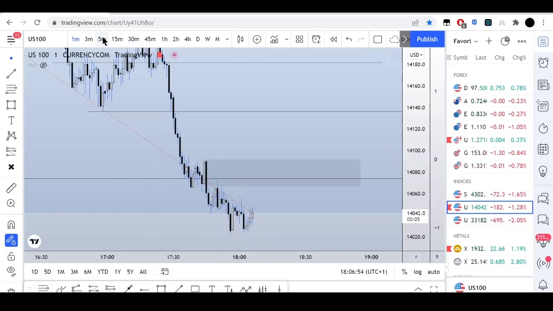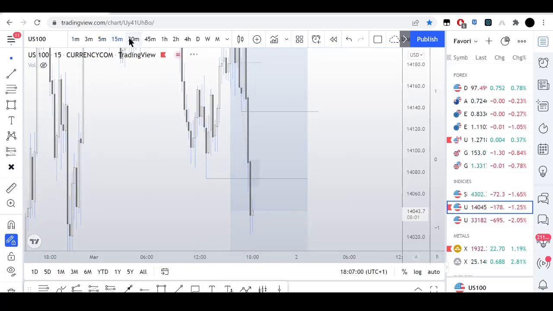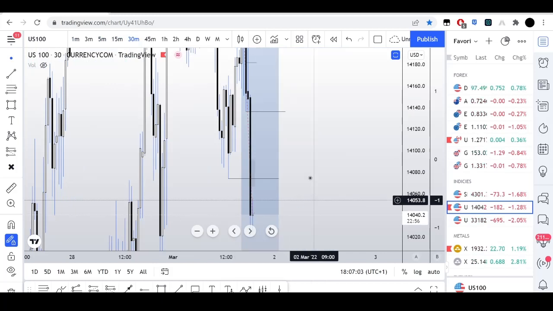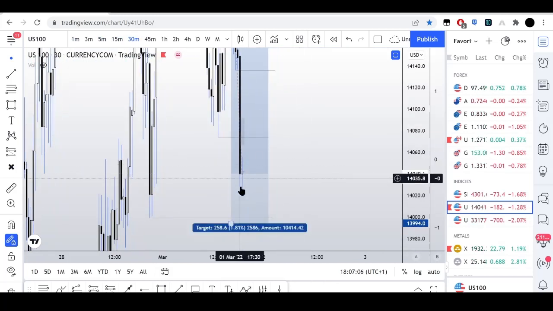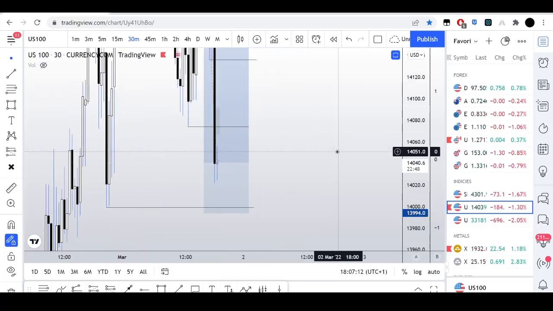I just want to take my 1 to 3. That's what I'm saying. Once it takes out the high of this, because I believe this is the high of this candle, I want to see this candle displaced. So once it takes out the high of this, then I'm out.